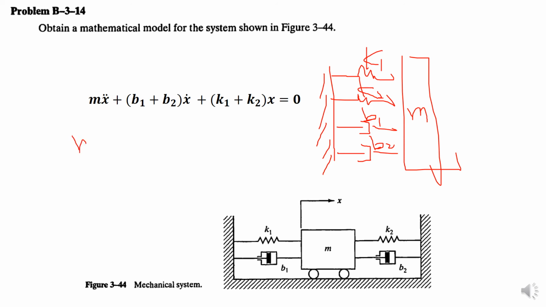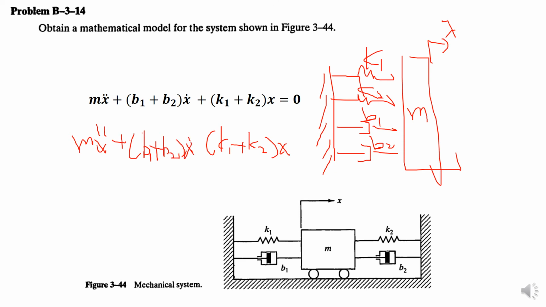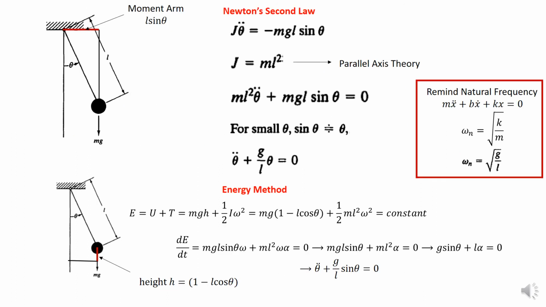If I have this, how do we derive the governing equation? It will be m x double dot plus K1 plus K2, the equivalent stiffness, multiplied by x, the coordinate I choose for the free body I choose. And the equivalent damper will be B1 plus B2 times x dot, equal to 0. So it is also very easy to derive the governing equation.